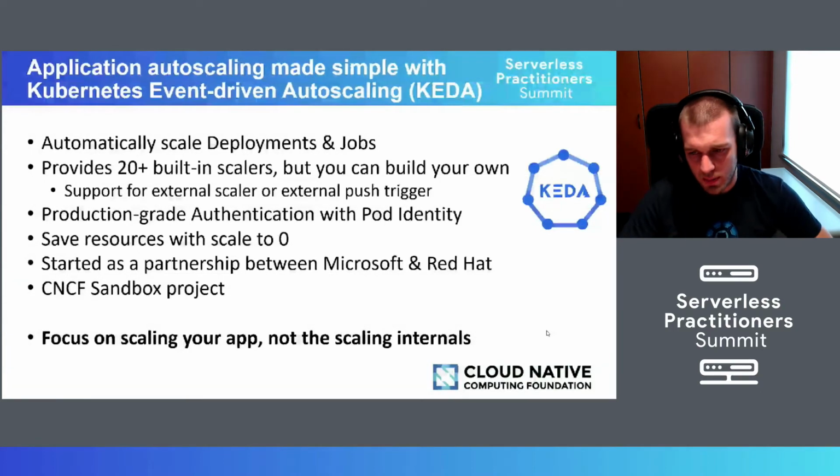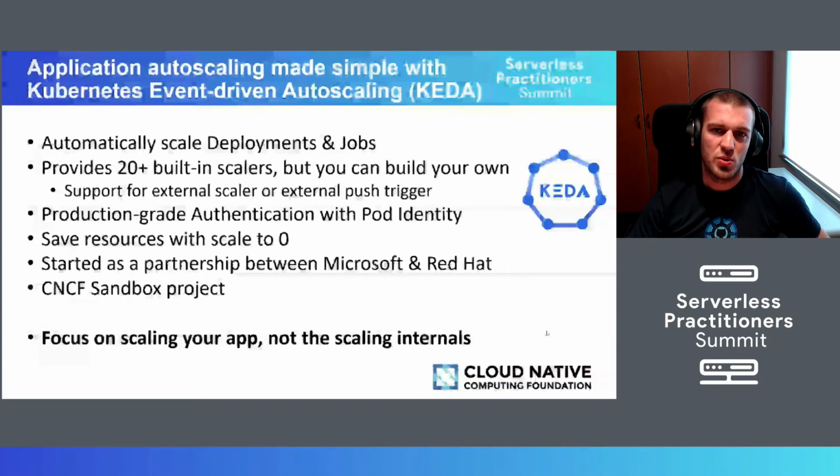One of our key features is scaling to zero, so that if there is no work to do, we will free up all the resources for other applications. We're happy to be one of the CNCF sandbox projects as of this year. And our motto is really to focus on scaling our application and not the scaling internals.